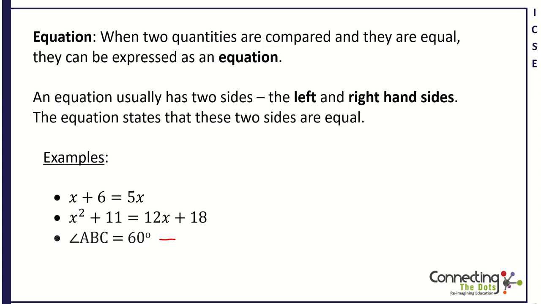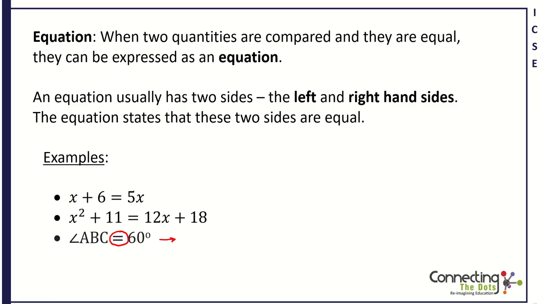Here is an example from geometry where angle ABC is equal to 60 degrees. That is an equation as well. So an equation compares two quantities and says that the two quantities are equal, and the equality is indicated by this sign. And this is a concept you are familiar with.